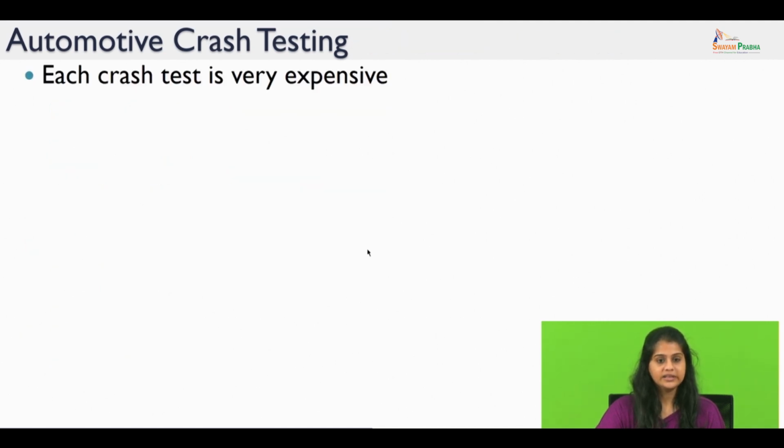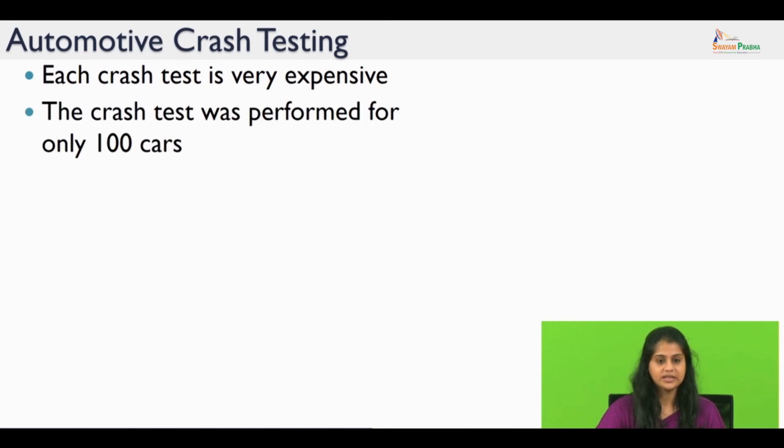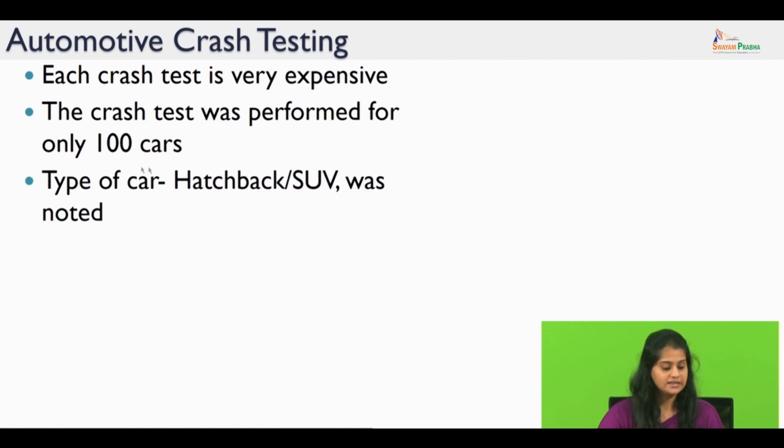Now, each crash test is very expensive to perform, and hence the company does a crash test for only 100 cars. At the end of the crash test, the type of the car is noted. So the type here is either hatchback or SUV.